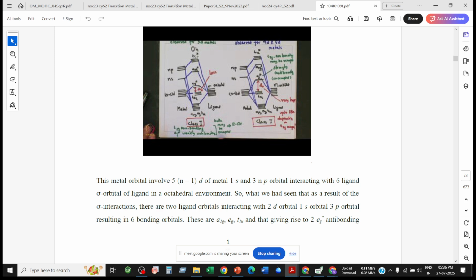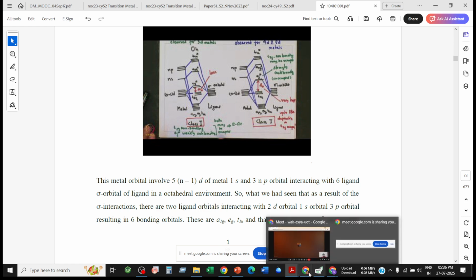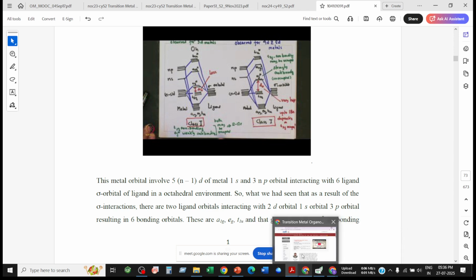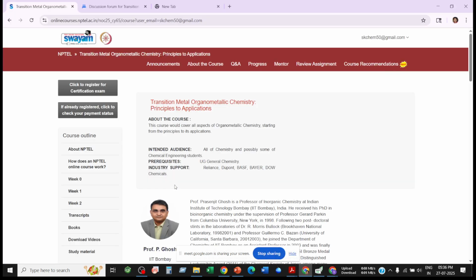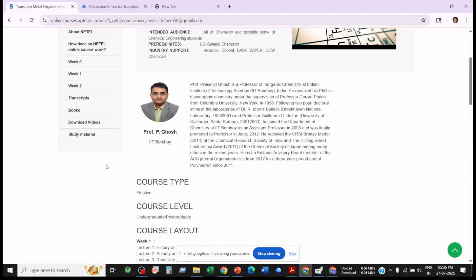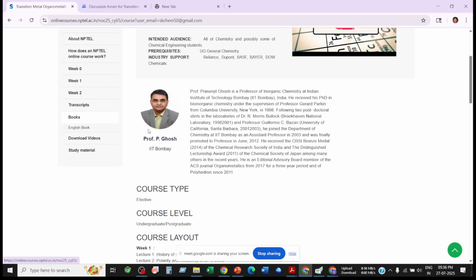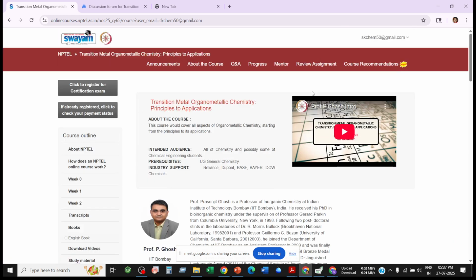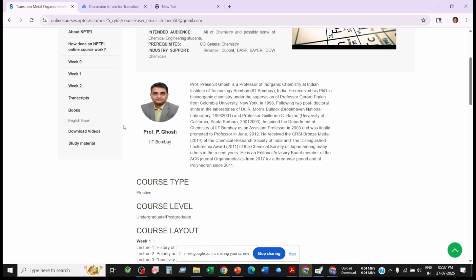Okay, so you can get this PDF from the study material or books. You click on it and you will have this page. When you open this, on the left side you go to these books and you can click on the English book.